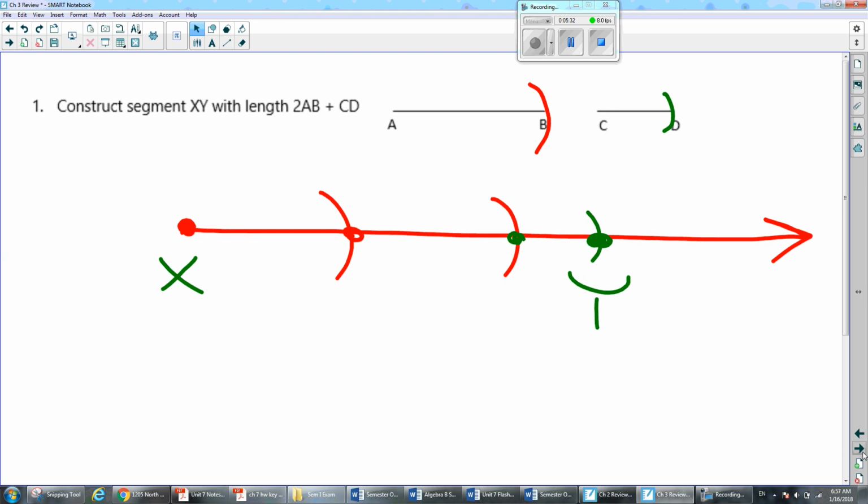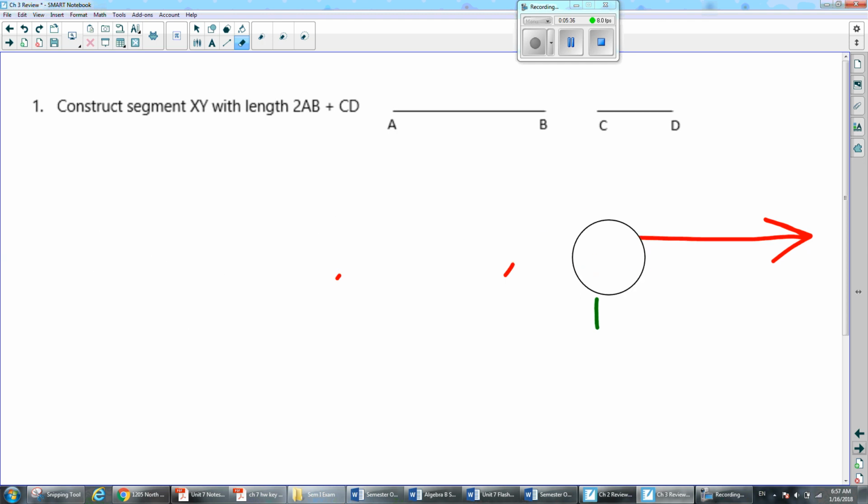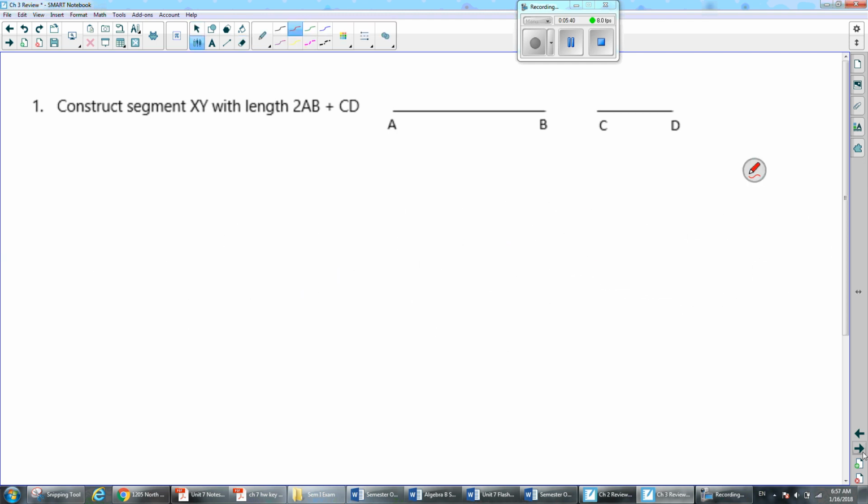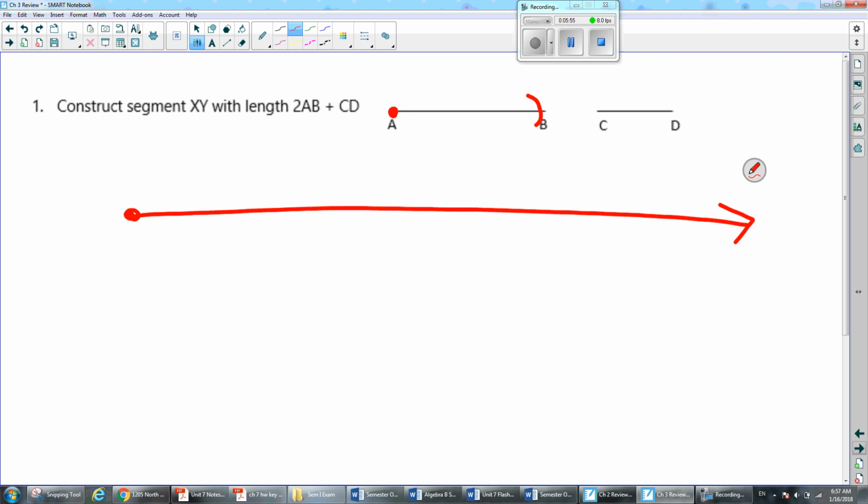Then we need to construct a segment with length 2AB plus CD. So go ahead and draw just a really long ray on your paper. Oh, actually, this is your first homework problem, but still, we can talk about it. Place your golden circle on point A, make an arc through B to measure it. So I'll put my golden circle at the end of my ray, make that arc. There's 1 AB.